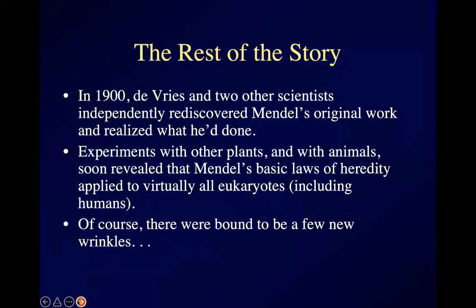And in 1900, de Vries and a couple of other guys named Karl Correns and Erich Tschermak, independently of each other, happened to find Mendel's original paper, which had been gathering dust on library shelves all this time. And they understood what it was that he'd done. And understand what he did, it doesn't seem like very fancy science. I mean, his main experimental apparatus was a garden and a bunch of pea seeds and bits of sealing wax and a paintbrush and a razor blade.